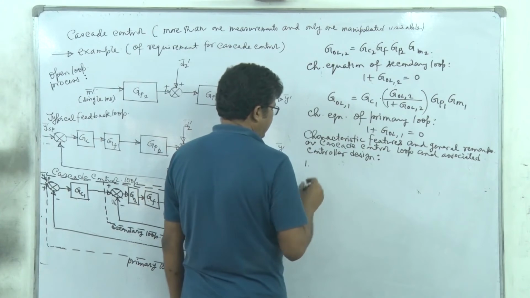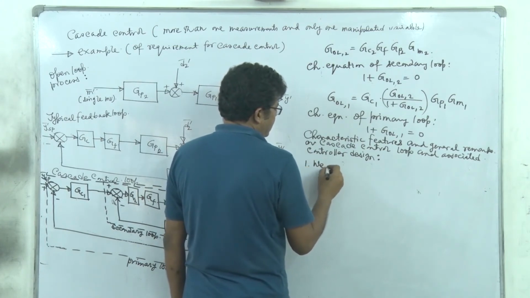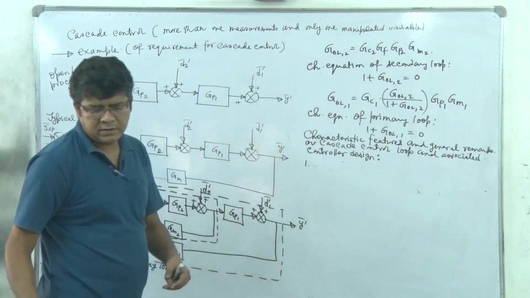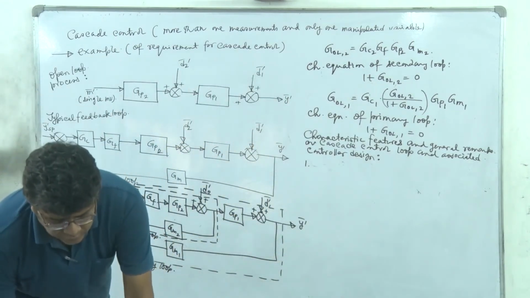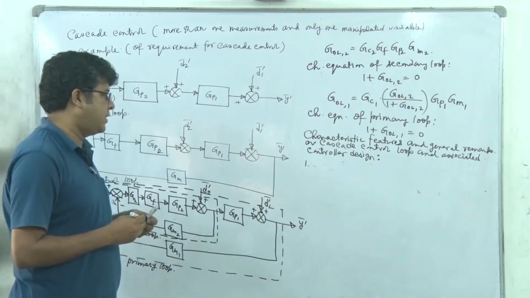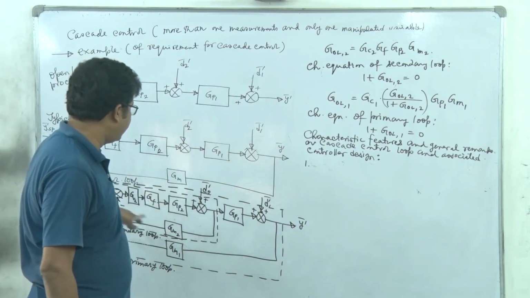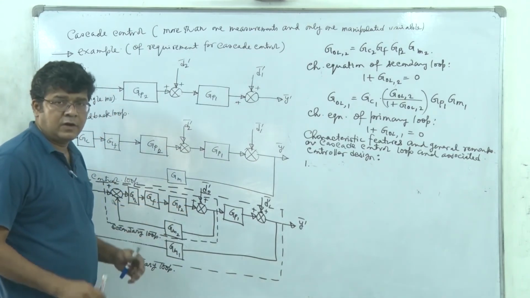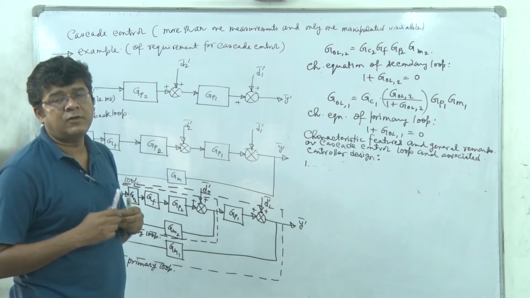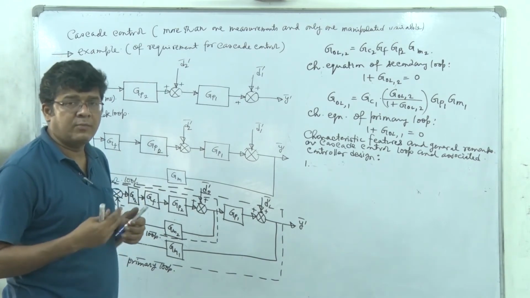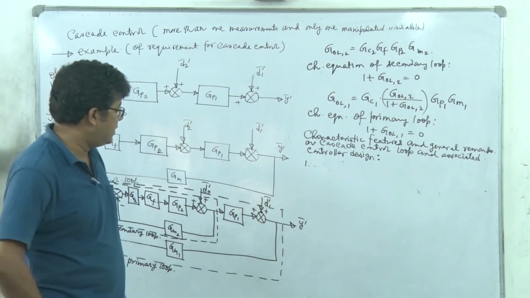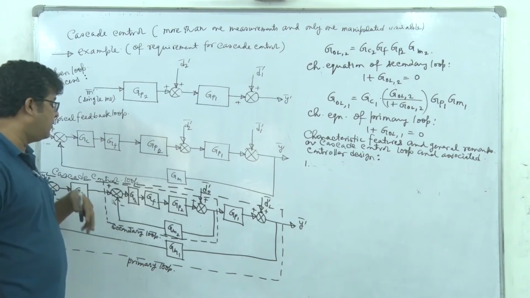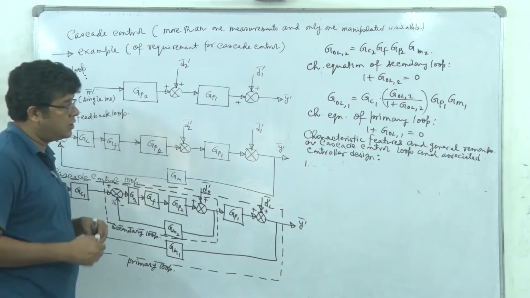What are they? First, as you see, what I have mentioned, that we don't have to go for full-fledged correction of the response of the secondary process. So, even if we are trying to control temperature or composition where PIDs are required, we should use for faster response a P controller as a secondary controller.